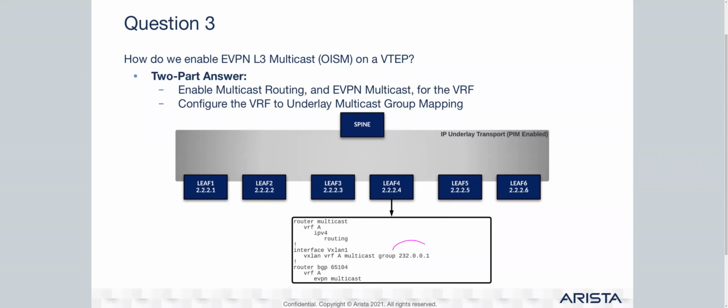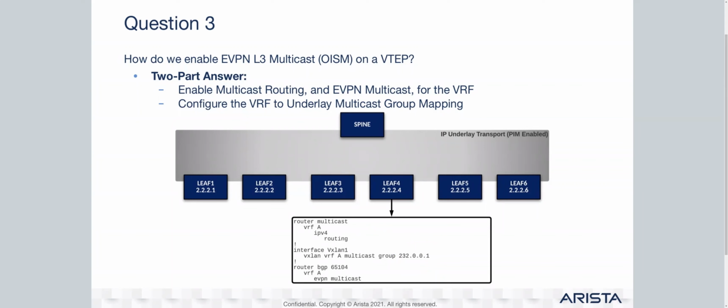This group is going to be used by leaf 4, or whatever leaf or VTEP we're configuring this on, to send overlay multicast traffic in VRF-A into the PIM underlay, so into the EVPN domain for transport. We're going to spend a lot of time talking about that today, but just know that this is an underlay multicast group mapped to the overlay VRF for transport across our underlay PIM domain.